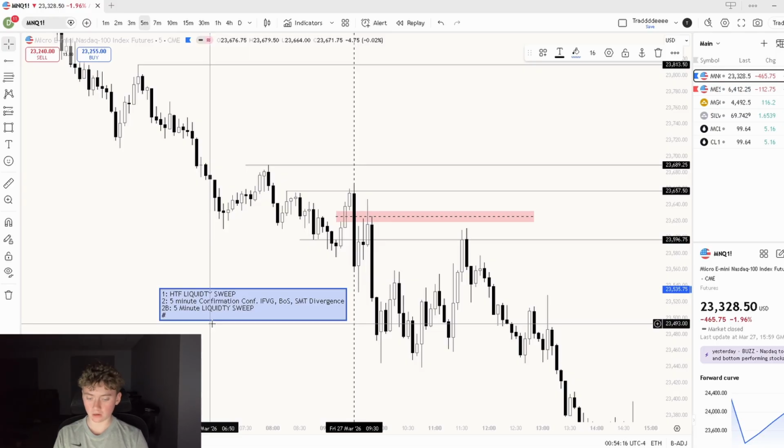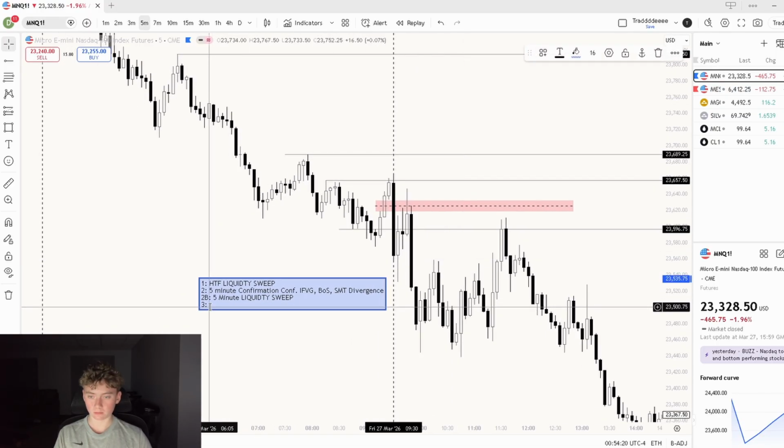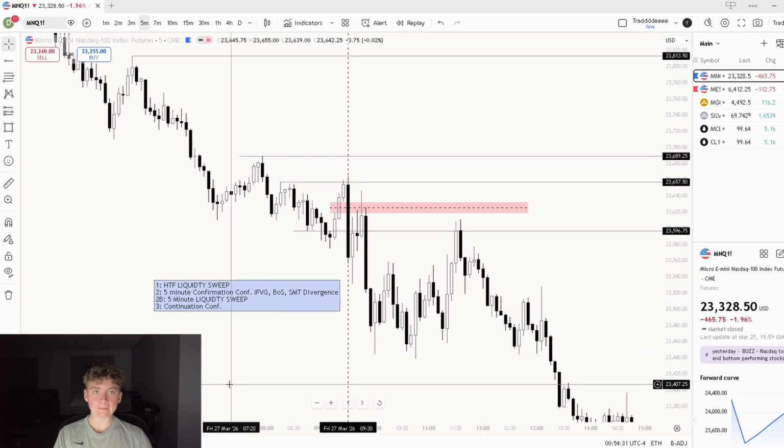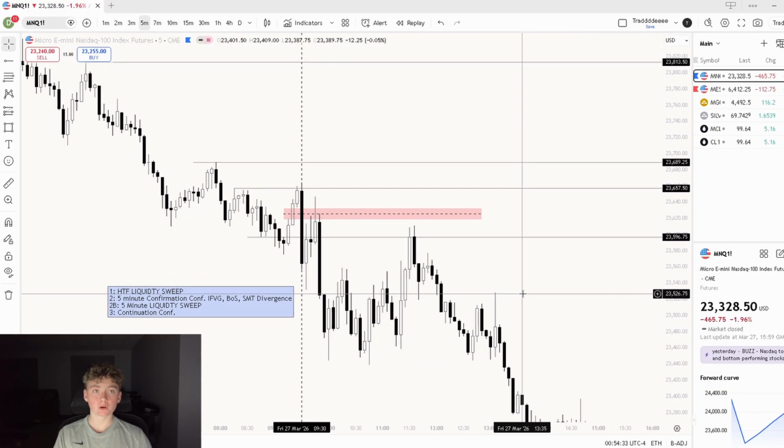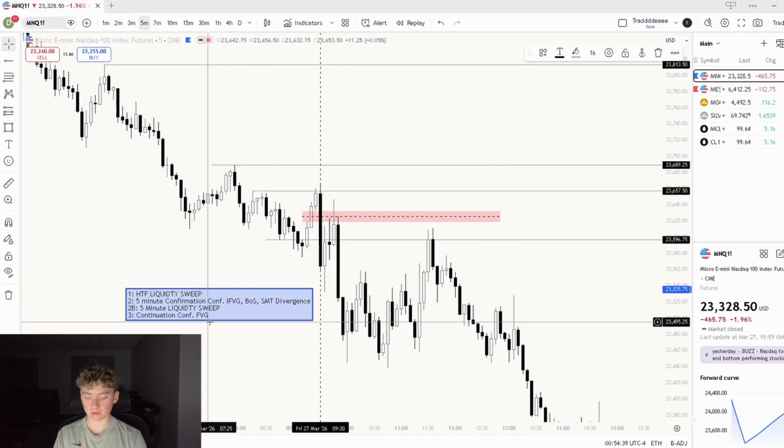So yeah, all right, now to step 3, which is continuation confluence. When we look for a continuation confluence, we're looking for a couple things. The first thing we could be looking for is a fair value gap getting tapped into.